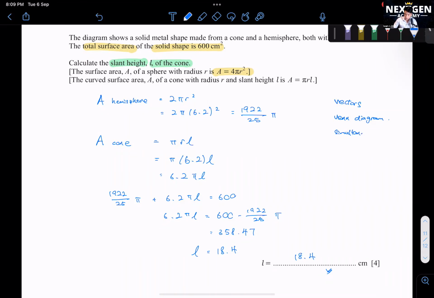Cherise, you just go watch through the simultaneous equation, because yesterday when you asked me the question it was also simultaneous equation, and that one has quite a lot of marks. If you still don't understand, I'll guide you through, but just watch through that part in the videos first.